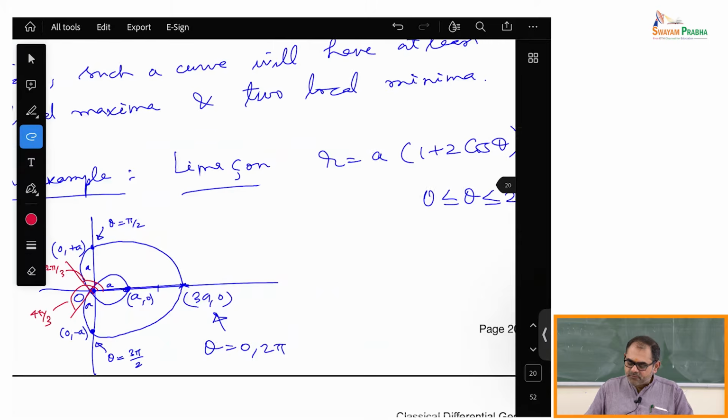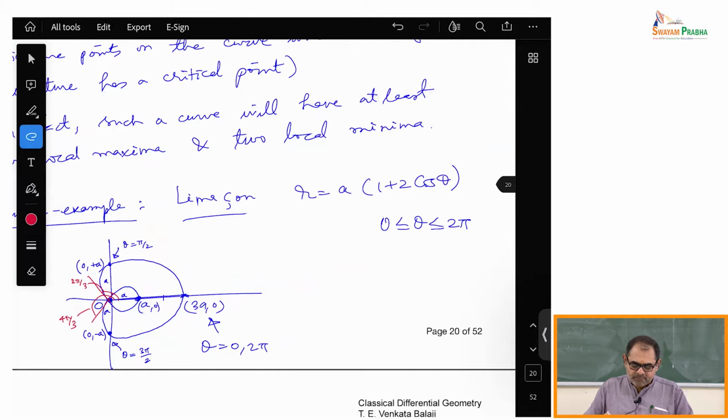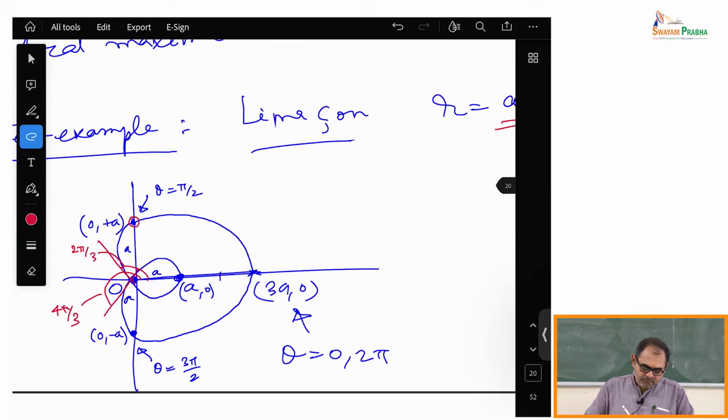and the issue is that if you put, for example, any value of theta here, the only way I get r equal to a is by putting theta equal to pi by 2. That will correspond to these 2 points, all right.